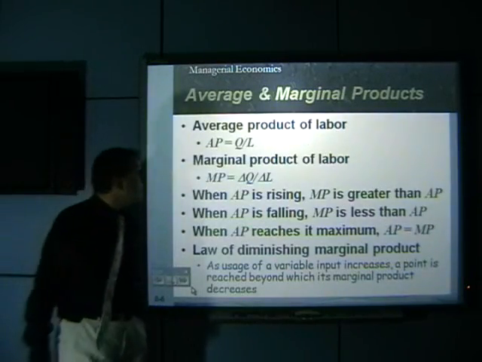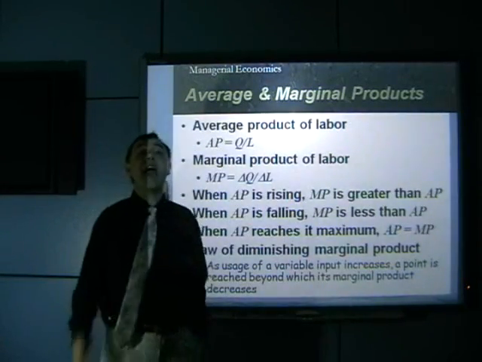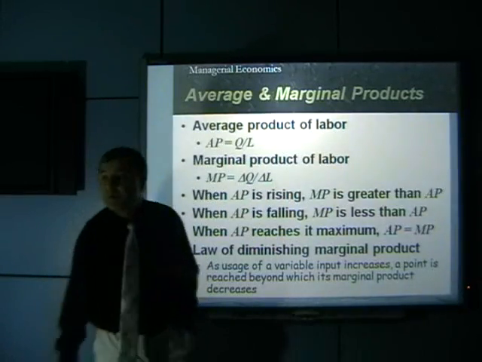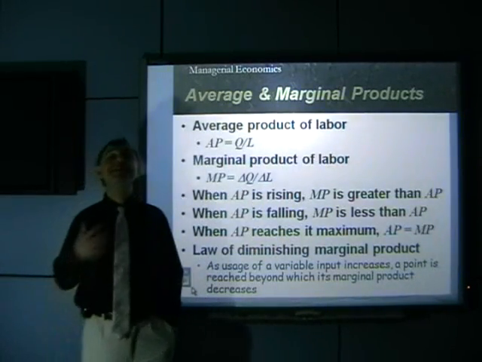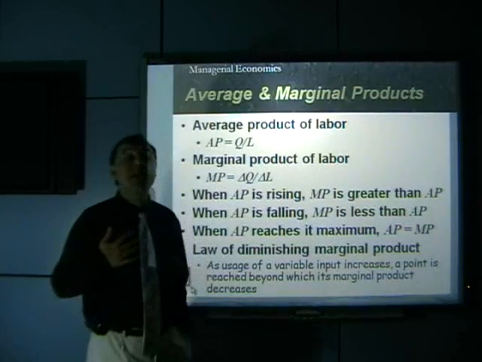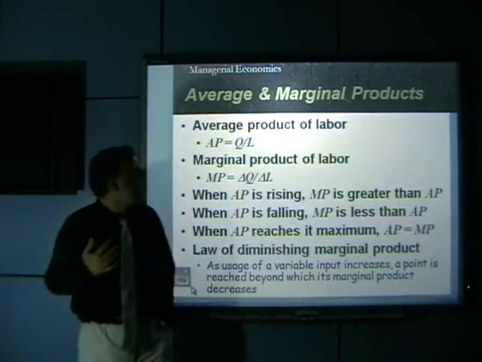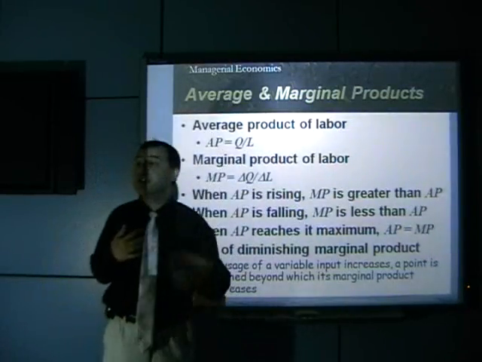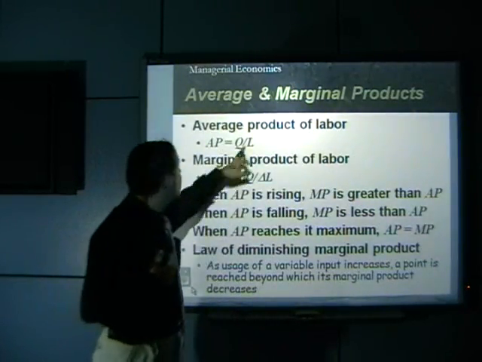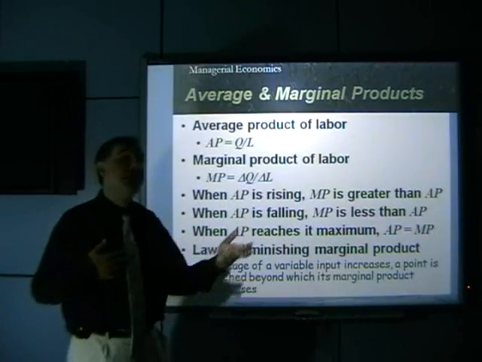Alright, let's see what's next. The average product of labor. Average product of labor is a perfectly natural concept. It simply means the total quantity of output divided by the total quantity of labor.